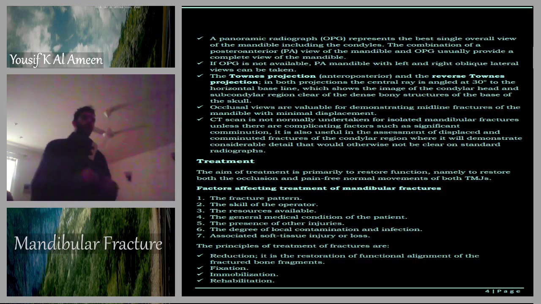Occlusal views are valuable for demonstrating midline fracture of the mandible with minimal displacement. CT scan is not normally undertaken for isolated mandibular fractures unless there are complicating fractures such as significant comminution.